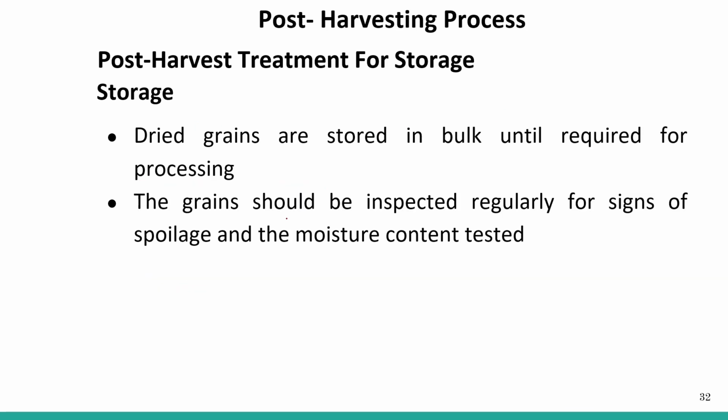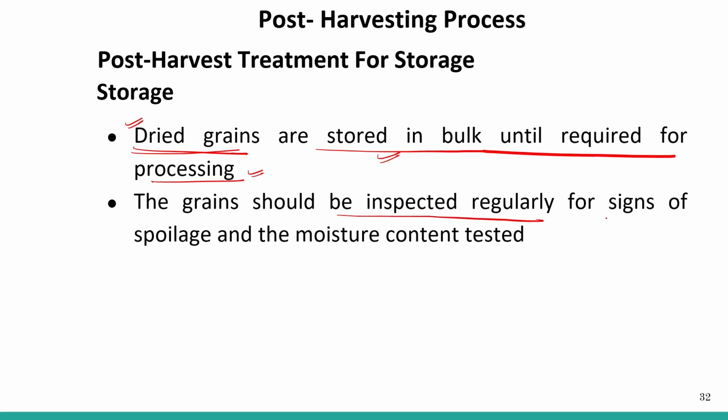Storage. Dried grains are stored in bulk until required for processing. So we must store these dried grains in bulk until required for the processing. The grain should be inspected regularly for signs of spoilage and the moisture content tested.